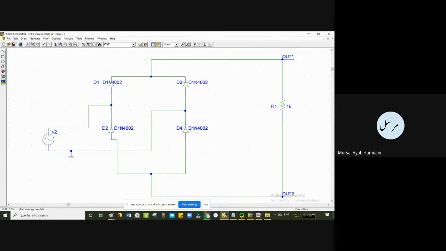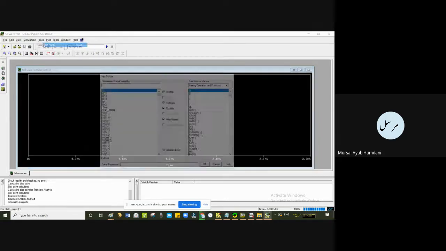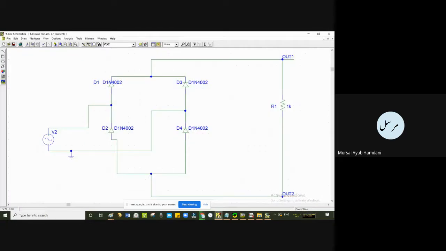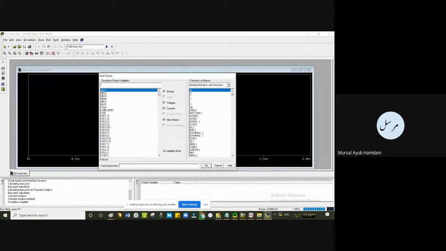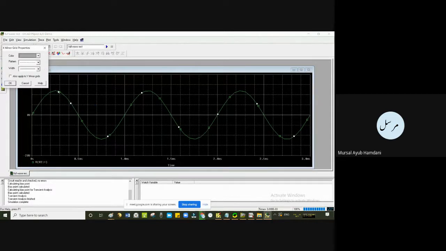Now using the same simulation settings, let us simulate it. Trace and trace. Now we have to check what the name is. V2 input, V2 plus. Just right click properties. Sorry, here grid was connected.